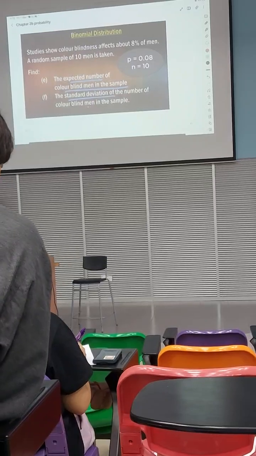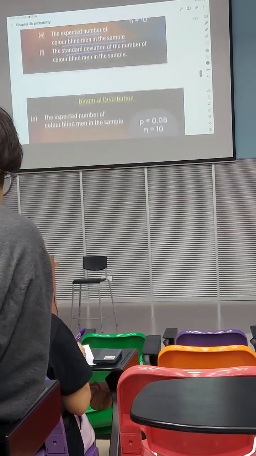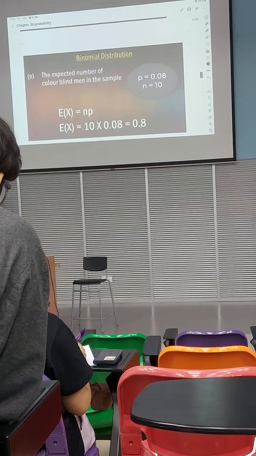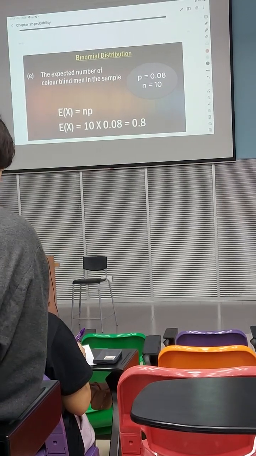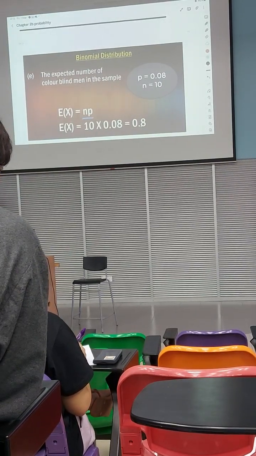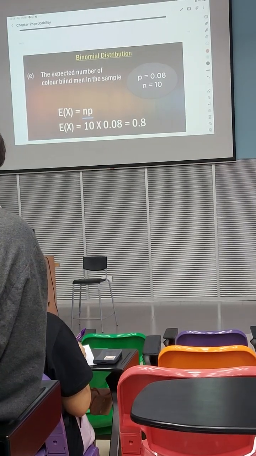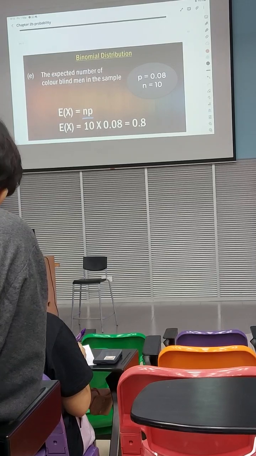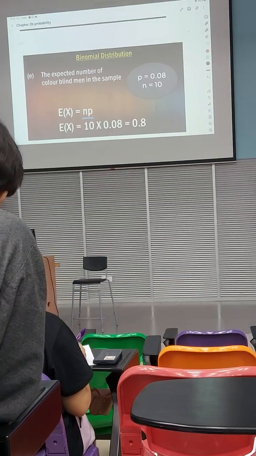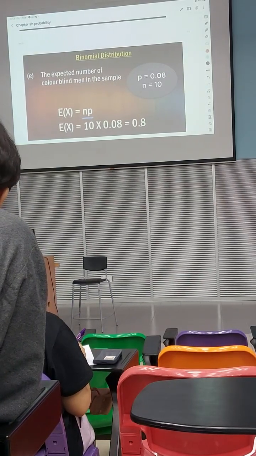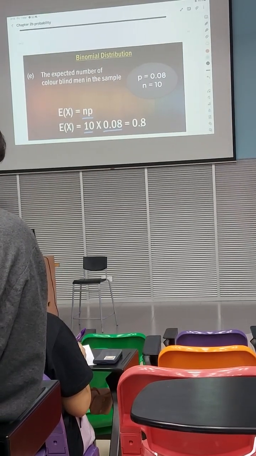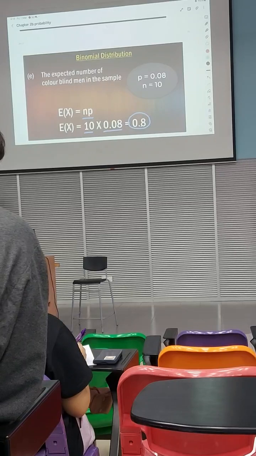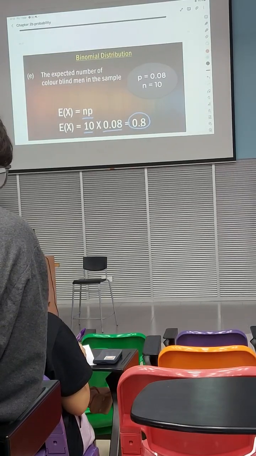For the binomial distribution, the expected value, which means the mean, is calculated using np. We have n is 10, p is 0.08, hence it is 0.8. This formula is for the binomial distribution.